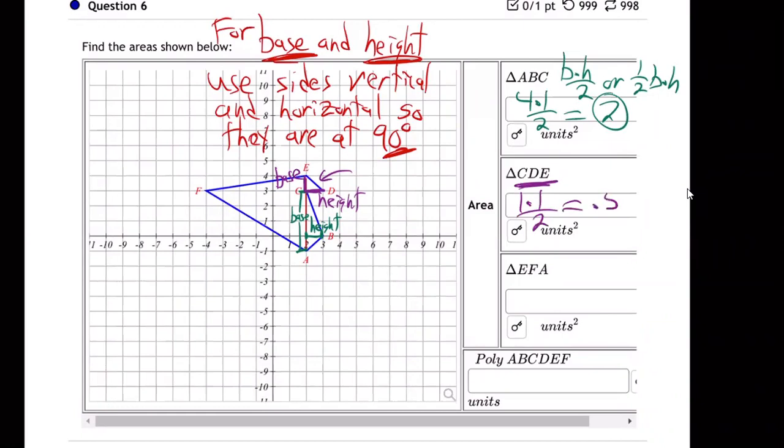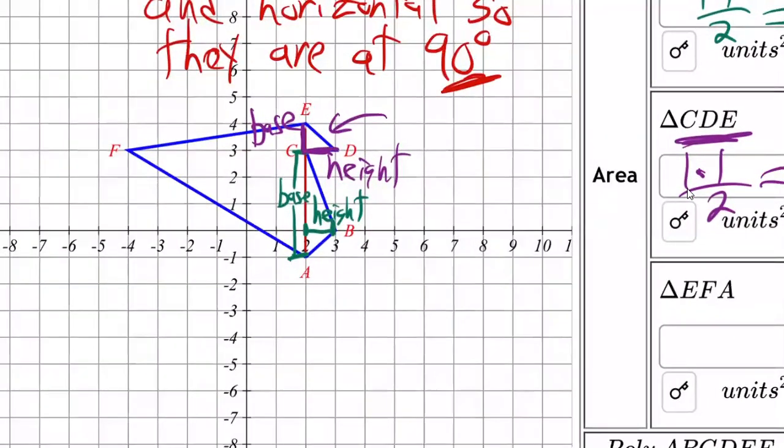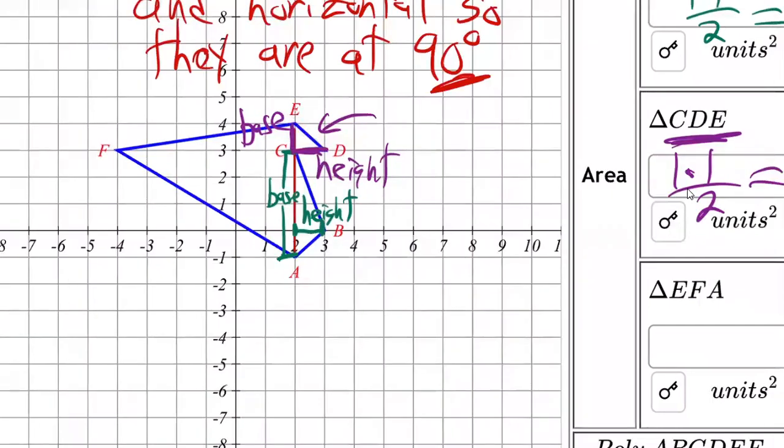That's just 0.5 on your calculator. And that makes sense, doesn't it? That little triangle is using up exactly half of a square. So triangle EDC is using up half a square. Base times height, straight up and down, straight sideways.